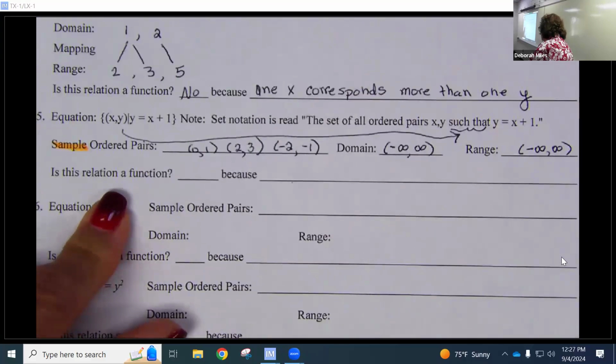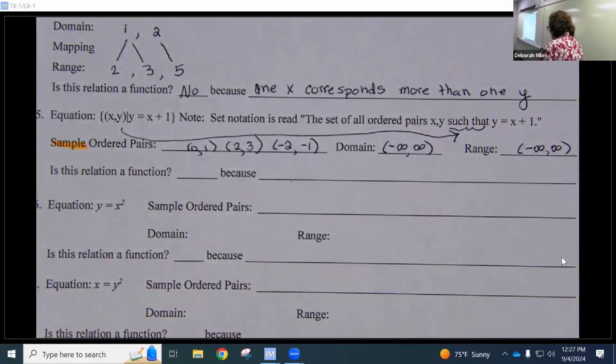If I put an adding one button on my calculator, each time I put in an x, how many right answers would there be to what's one more than the number I just put in? How many right answers would there be? Just one. If I put in a 7, it spits out an 8 every time. If I put in a -2, it spits out a -1 every time.